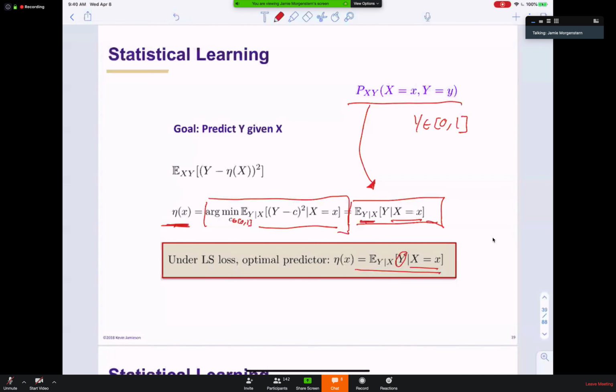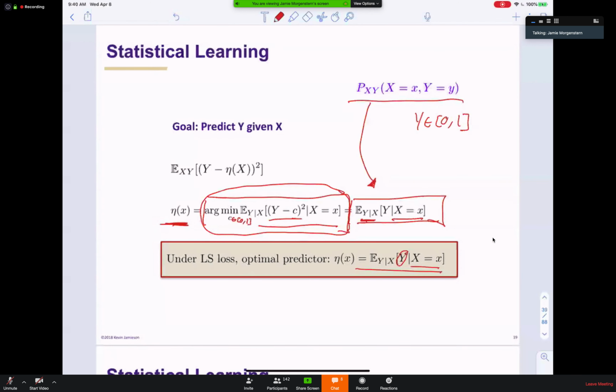Right. So I think the term you need to look at is this one, and you need to think about what c you'd want to place here to minimize this quantity. Because this is a squared term, it's always going to be non-negative. If we set c to be y inside this term right here, then this term will be 0.